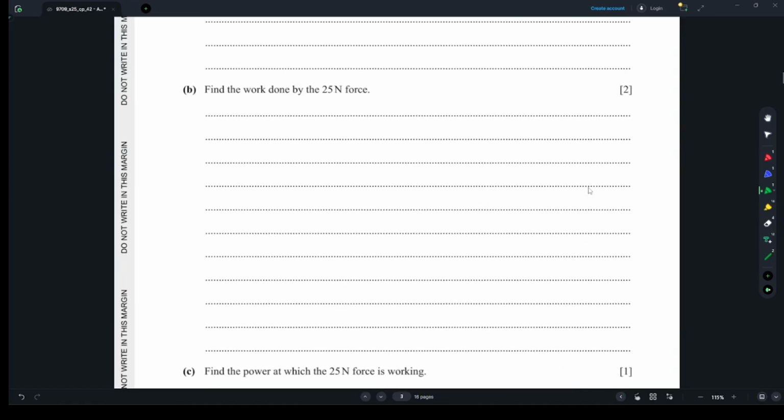Then find the work done by the 25 Newton force. First, let's make a sketch of how this happened.